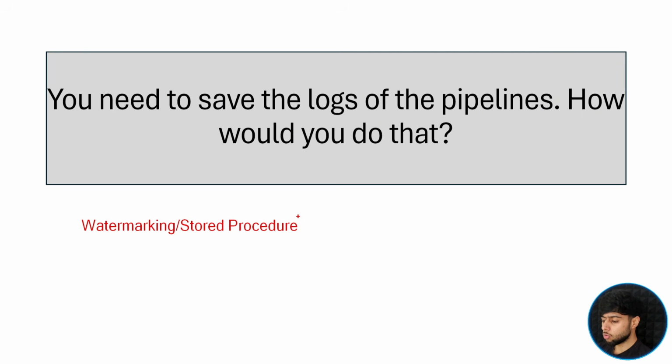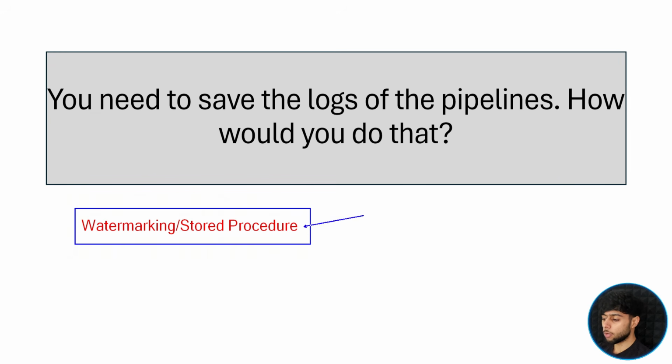When we used to work with the traditional tables, the real tables, at that time we used to create tables, or let's say stored procedures, and in those stored procedures we used to pass the parameters, and in those parameters we used to feed the dynamic content every time whenever we ran the pipelines.